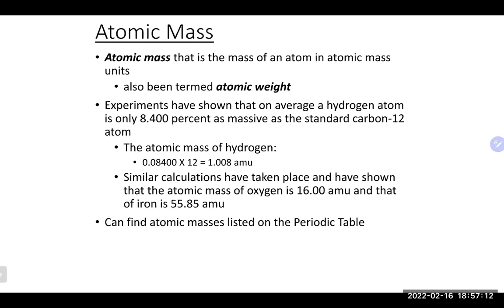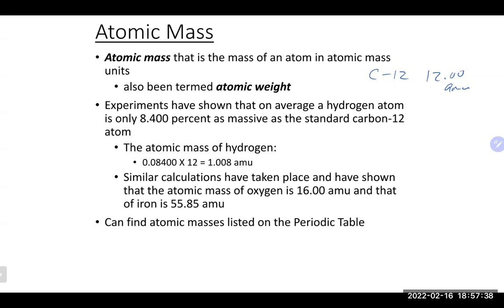They used the carbon-12 isotope as the isotope to figure out the atomic masses of everybody that's there. The carbon-12 isotope has a mass of exactly 12 AMU, as we saw just a second ago. And they basically go, okay, hydrogen is only about 8.4% as massive as a carbon-12 isotope.